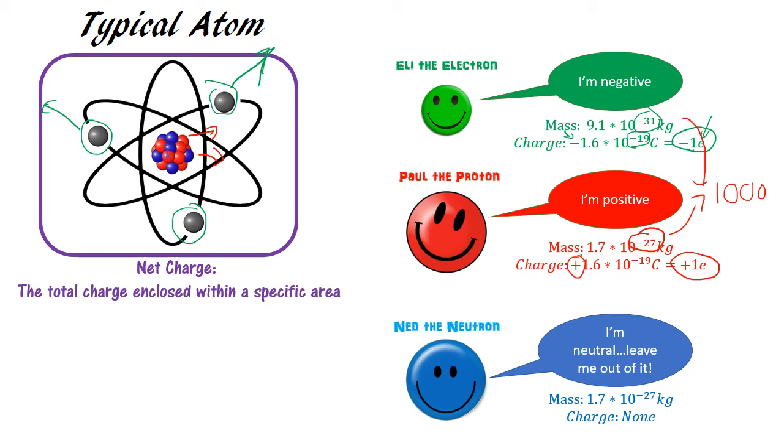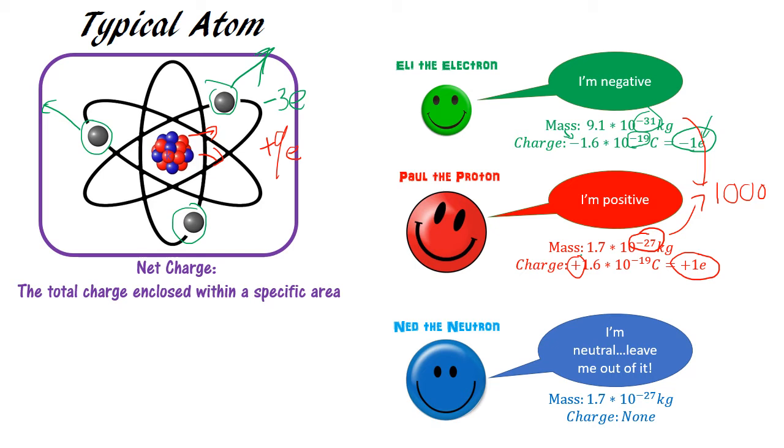So let's count them up right here. How many do we have? We have 1, 2, 3 electrons, so we've got -3e for our number of electron charges. And how many proton charges do we have? Let's count up how many we see here, and let's pretend that that's all there is. We've got 1, 2, 3, 4, 5, 6, 7, 8, 9 proton charges on the inside.